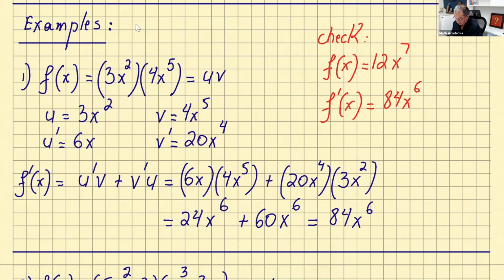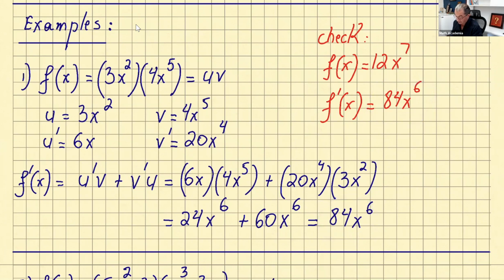And if you multiply and combine like terms, you get 24x to the 6th power plus 60x to the 6th power, which is 84x to the 6th power. Let's check that by doing it with the power rule. 3x squared times 4x to the 5th power is 12x to the 7th, and the derivative of 12x to the 7th is 84x to the 6th power, which is the same answer.